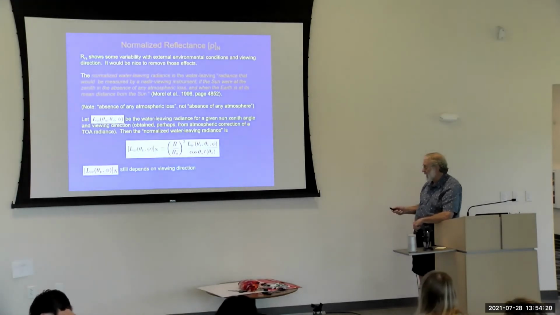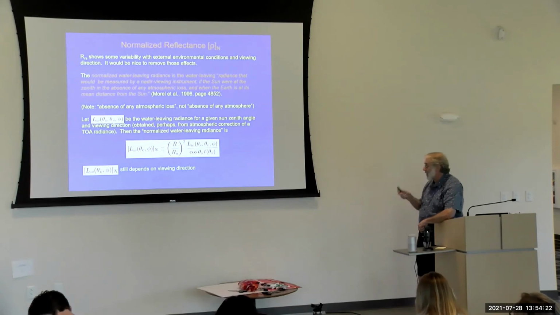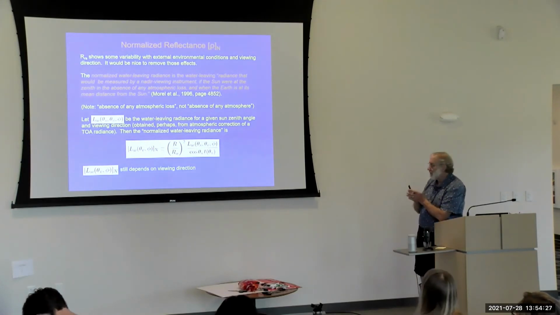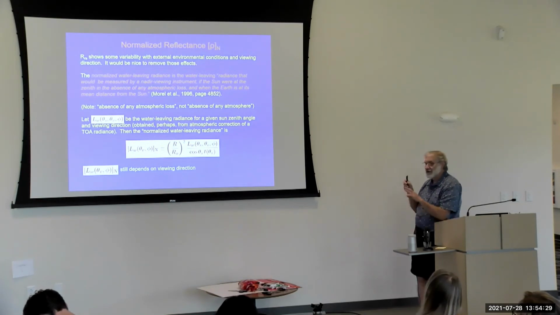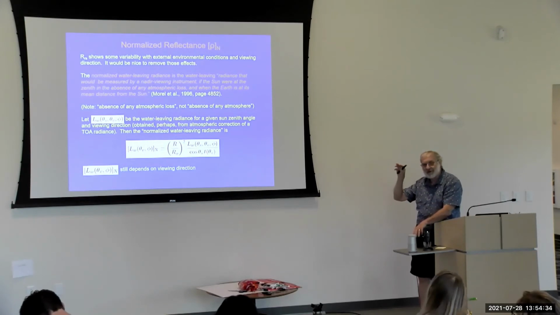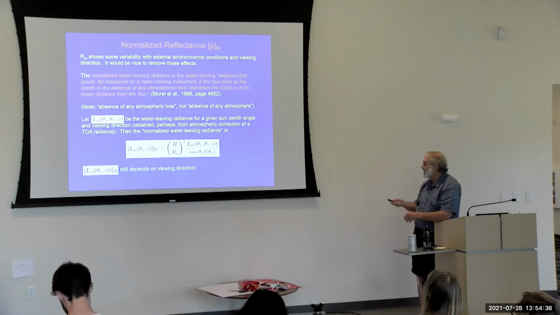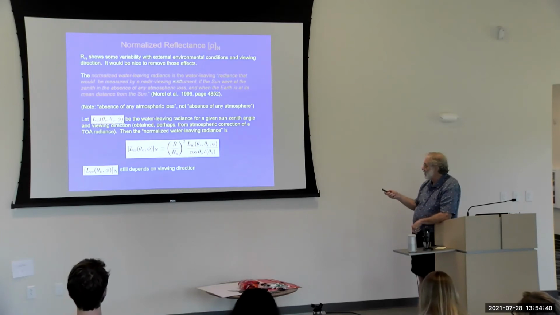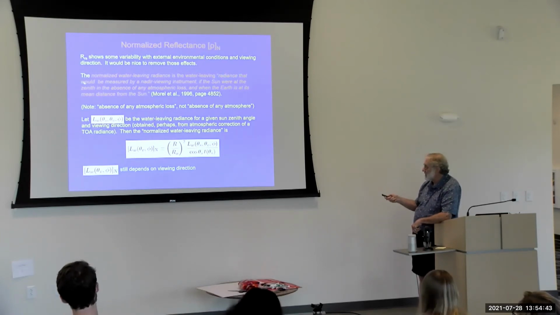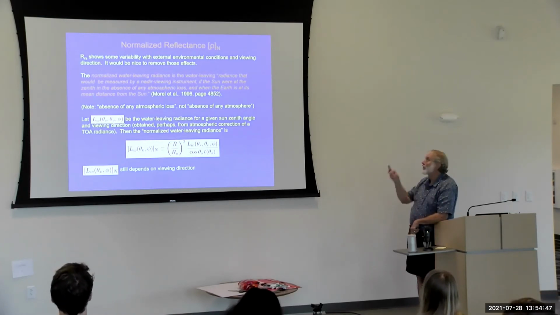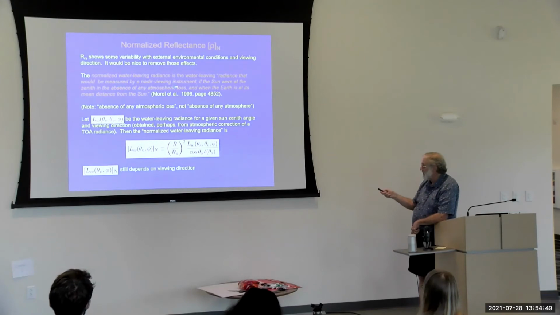And so what Morel did was he said, what we would like to do is take this remote sensing reflectance, which is going to be measured for some particular sun angle, some particular viewing direction, and we want to normalize it to a common value that would be, for water leaving radiance, the radiance that would be measured by a nadir viewing instrument if the sun were at the zenith and there were no atmospheric losses due to absorption.